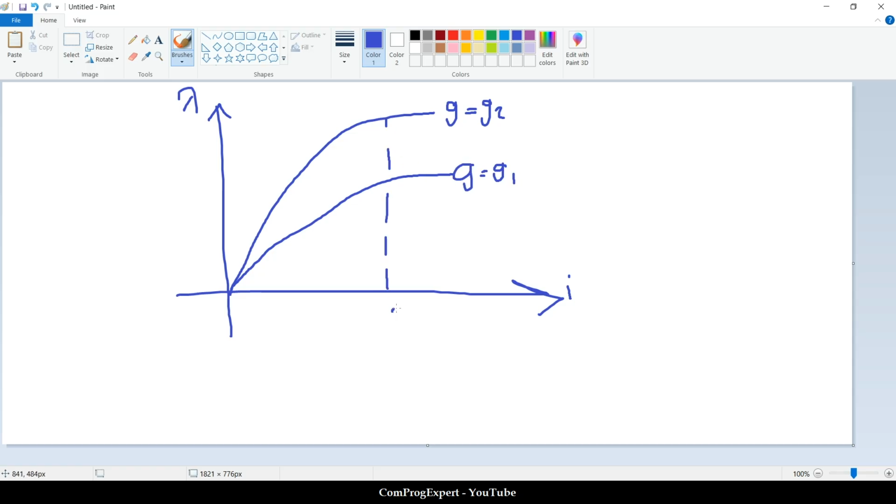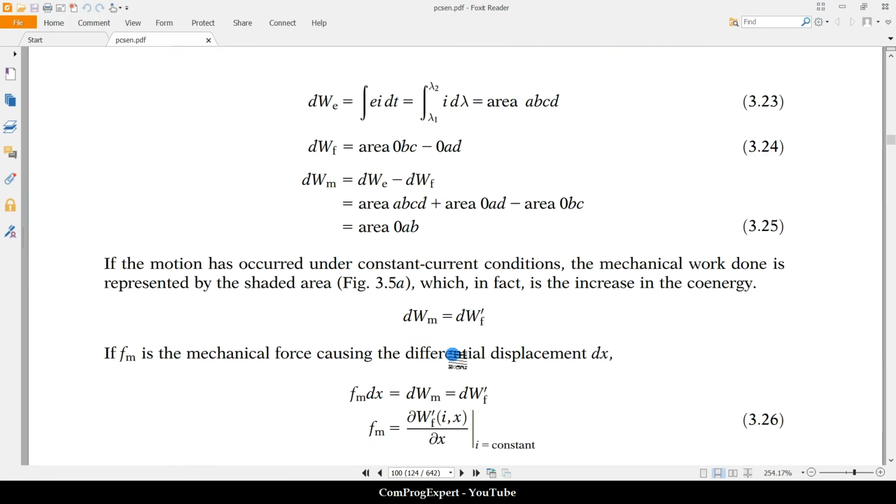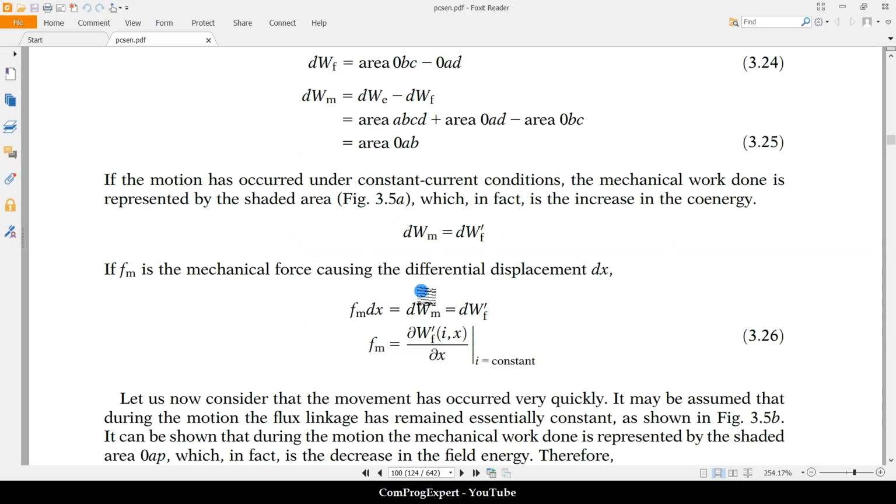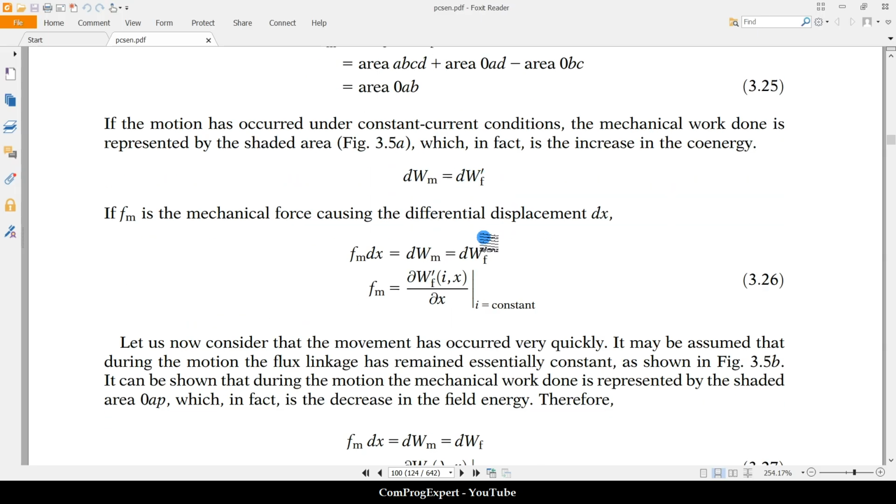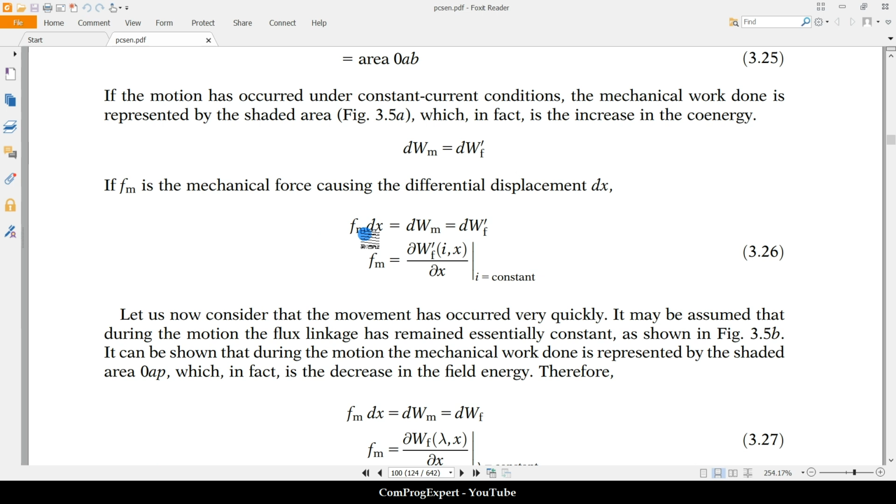Here the current I is constant, and this area is the change in the value of the co-energy. The change in the mechanical energy is the change in the value of the co-energy.